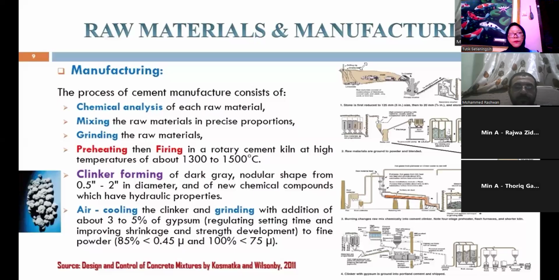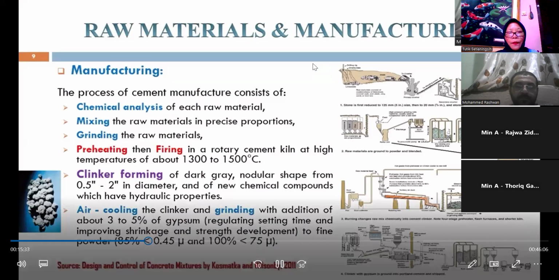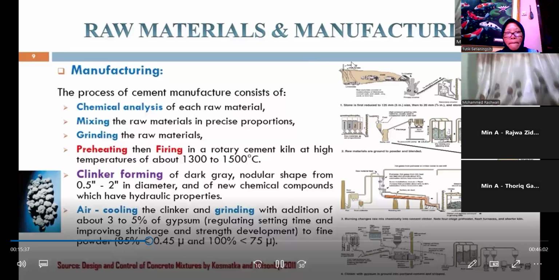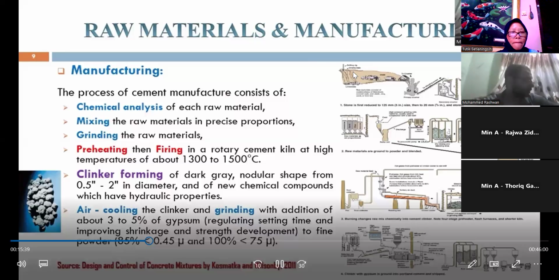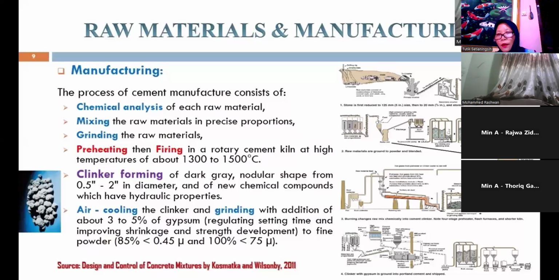So we add a few percent of gypsum, from 3 to 5%, to regulate this setting time. It also improves shrinkage and strength development of the mortar or concrete produced. The fineness of the ground clinker is 100% passing minus 75 microns.